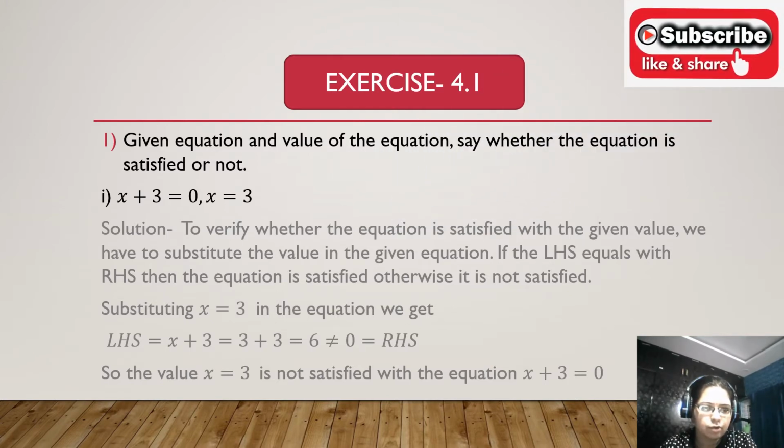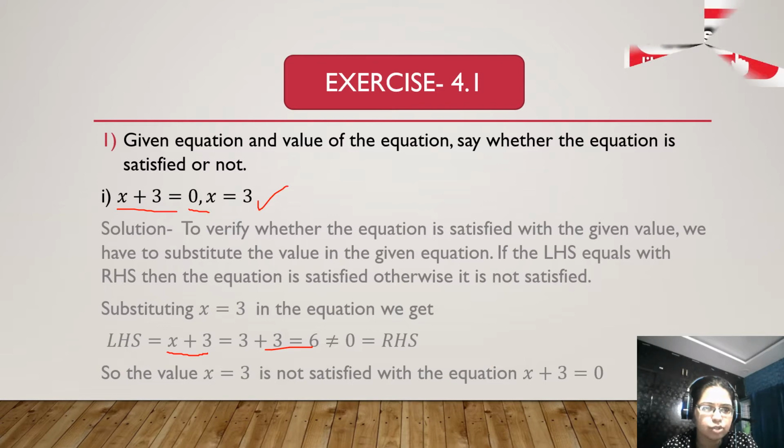Here the given value of x is 3. So substitute x equal to 3 in the equation x plus 3 equal to 0. The left hand side of this equation is x plus 3 and the right hand side is 0. We substitute x equal to 3 in the left hand side: 3 plus 3 is 6, and we check whether the left hand side is equal to 0 or not.